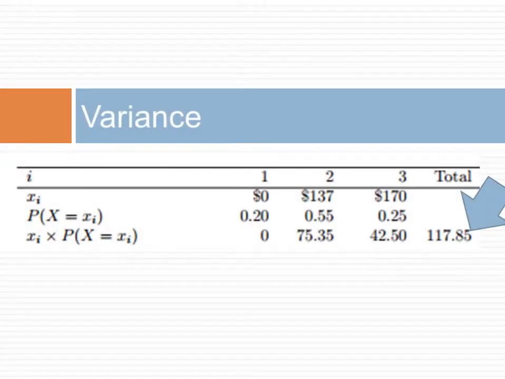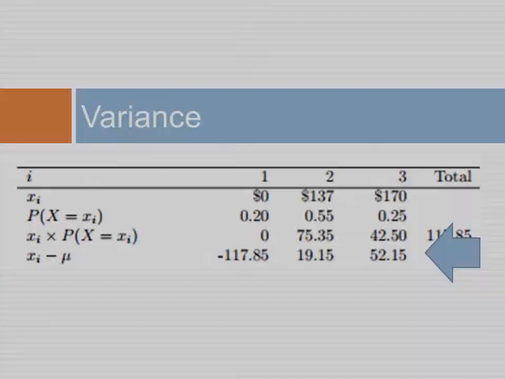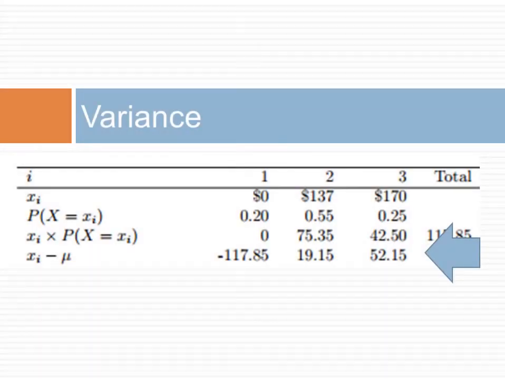In the bookstore example, we start with calculating the expected sales. We multiply the sales by the probability of the sale and add them up to get 117.85. This is the expected cost, or the expected sales. Next, we subtract from each value its expected value.